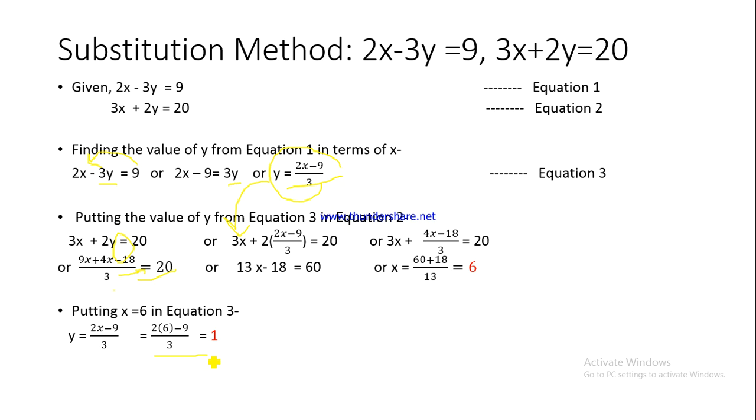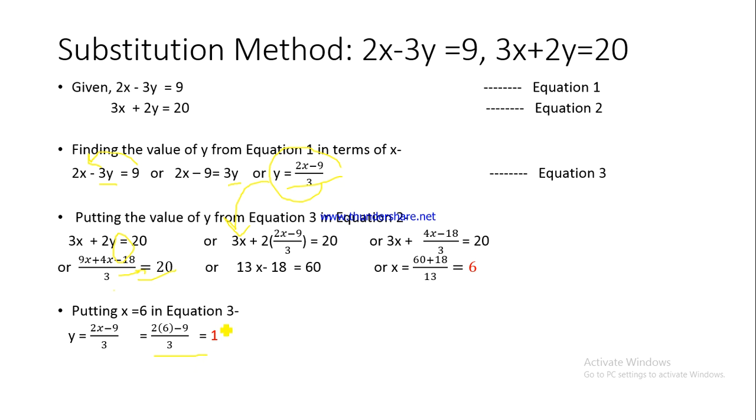Is this fine? Now how do I check this? Again, I can put these values in the equations above. I can put these values in the expression on the left hand side of the equal sign, and then my result should be equal to the value given on the right hand side.